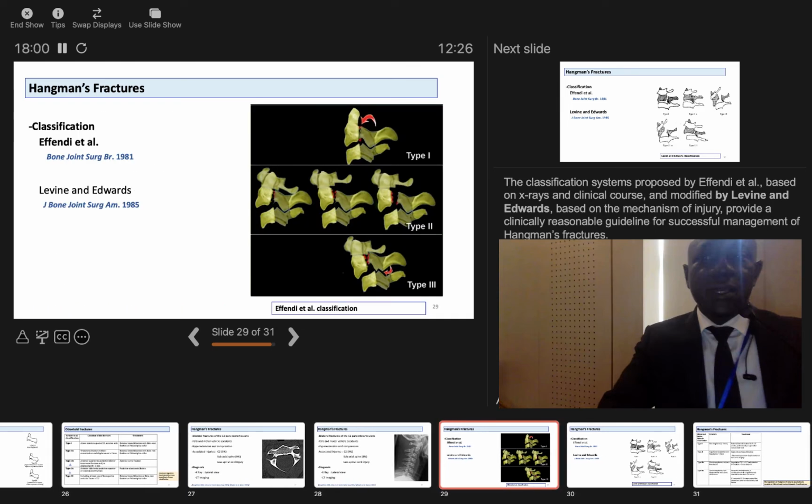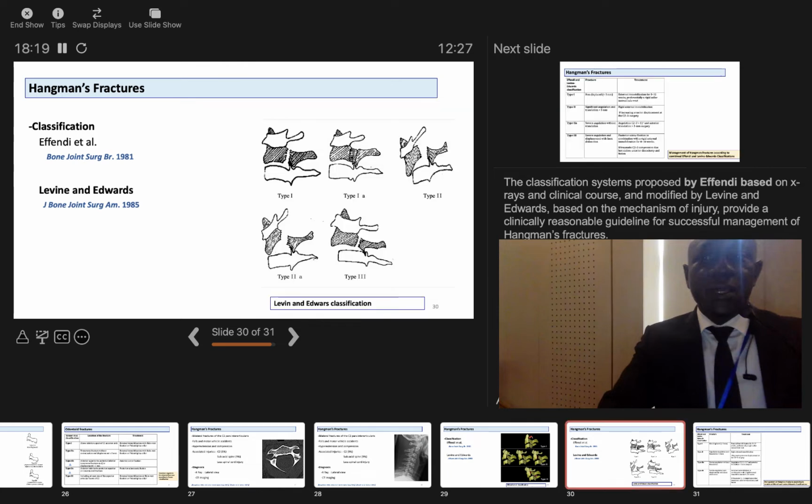According to the classification, the Effendi classification is based on its X-ray and clinical course, and this classification has been modified by Levine based on the mechanism of injury. This is the Effendi classification, here modified by Levine and Edwards.